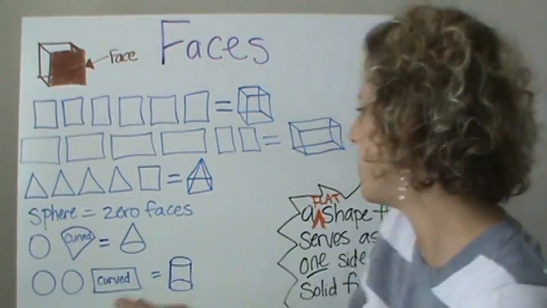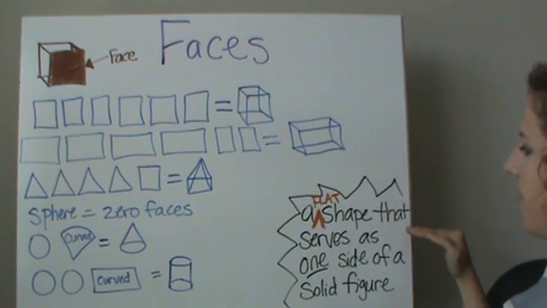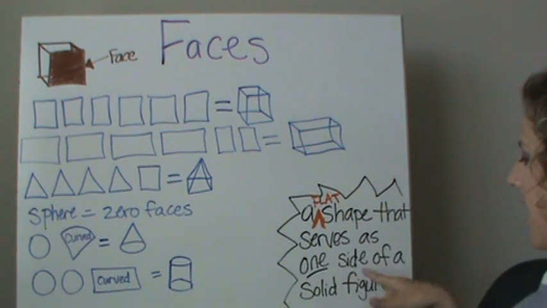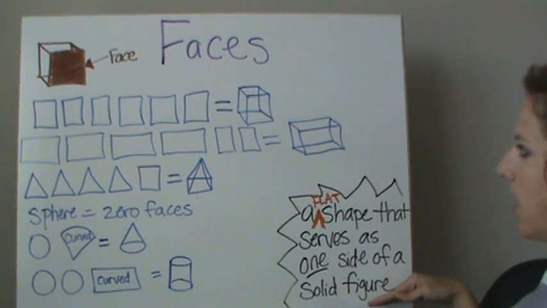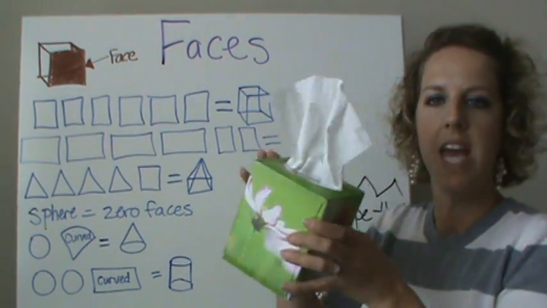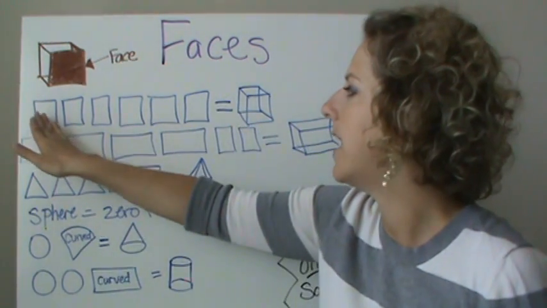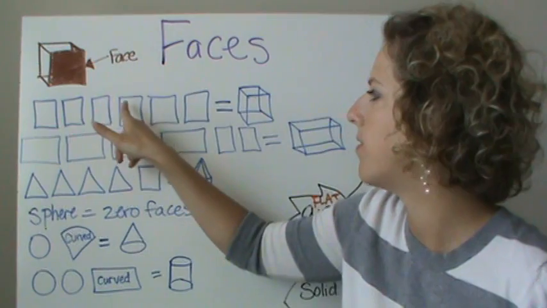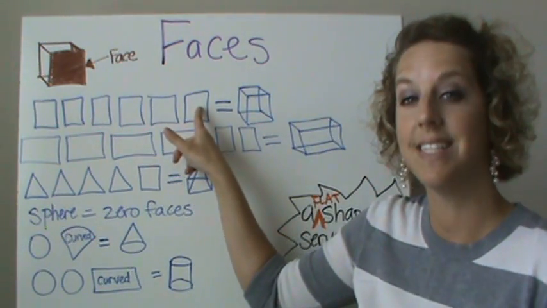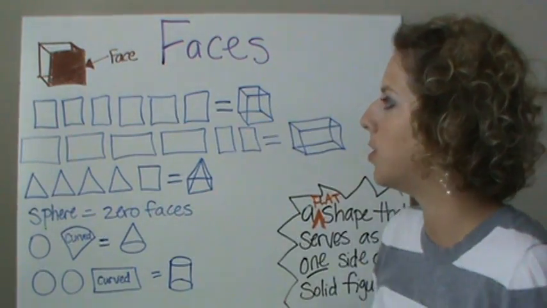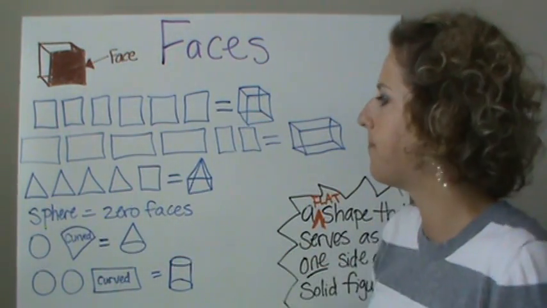So the definition is: a face is a flat shape that serves as one side of a solid figure. If we take our cube and unfold it, we're going to have the shape of squares. 1, 2, 3, 4, 5. There are 6 squares or 6 faces on a cube if you unwrap it.